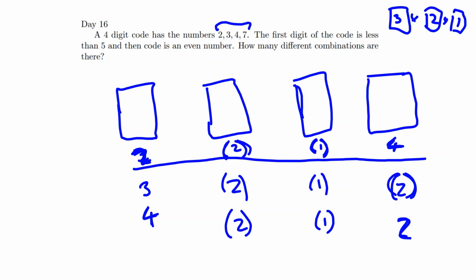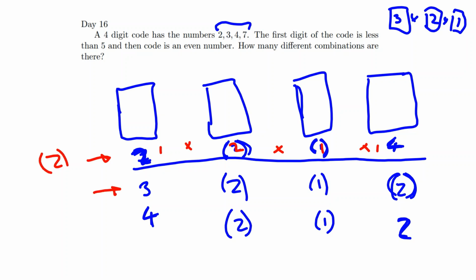So we've got, with this first line, 1 option multiplied by 2 options multiplied by 1 option multiplied again by just the 1 option. So the red bit are the options we have. So that line gives us 1 times 2, which is 2, times 1 times 1, which gives us 2 different combinations.